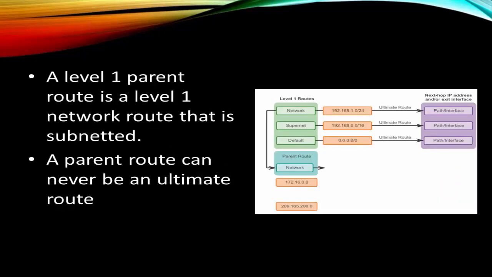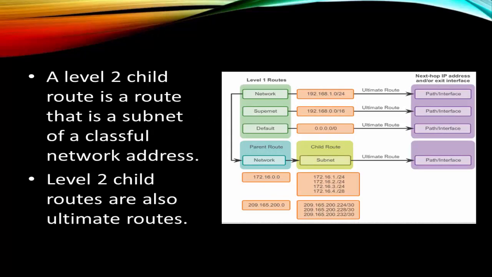A level 1 parent route is a level 1 network route that is subnetted. This can never be an ultimate route. A level 2 child route is a route that is a subnet of a classful network address, and these are also ultimate routes.